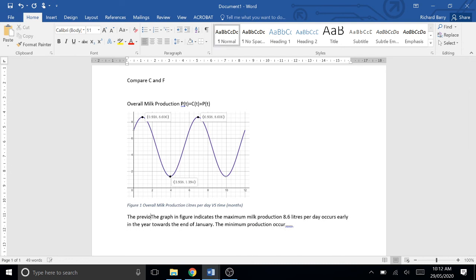The previous two factors are combined together to show the overall milk production for the year.